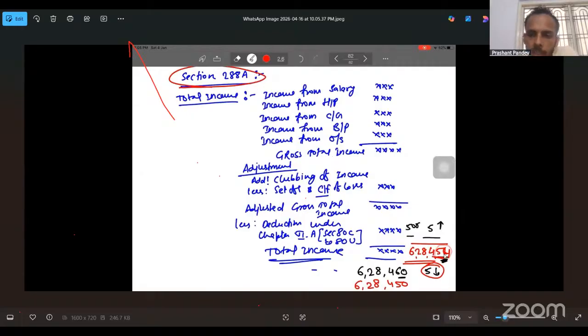So if it is less than 5, it will be rounded off to the previous 10th place. But if it is 5 or more than 5, then it will be rounded off to the next 10th place. I will share my other screen and then we'll discuss.